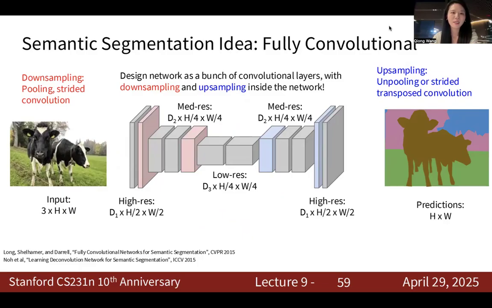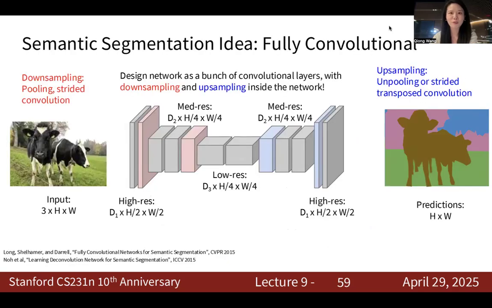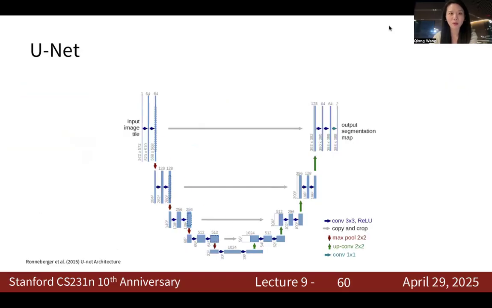Okay, this is the whole idea about the fully convolutional network with downsampling and upsampling. This is a very famous architecture we always use: the UNet. This UNet is based on the idea of the fully convolutional network with downsampling and upsampling.